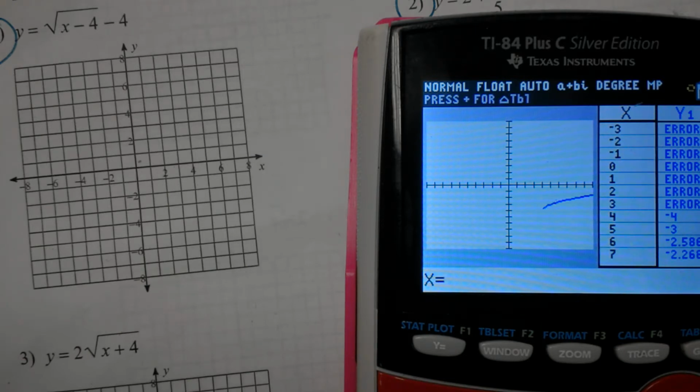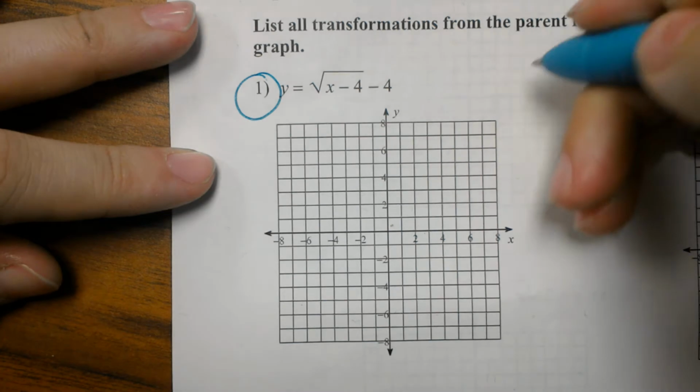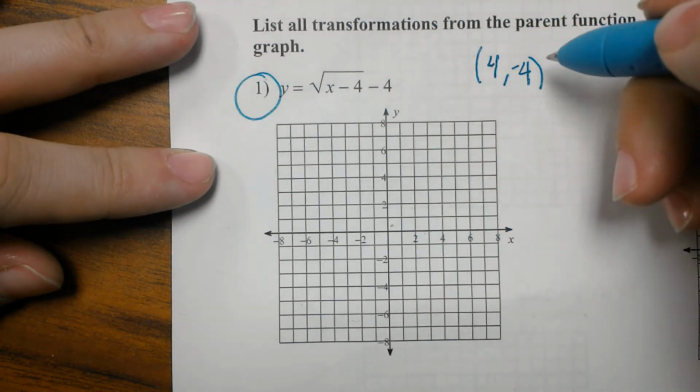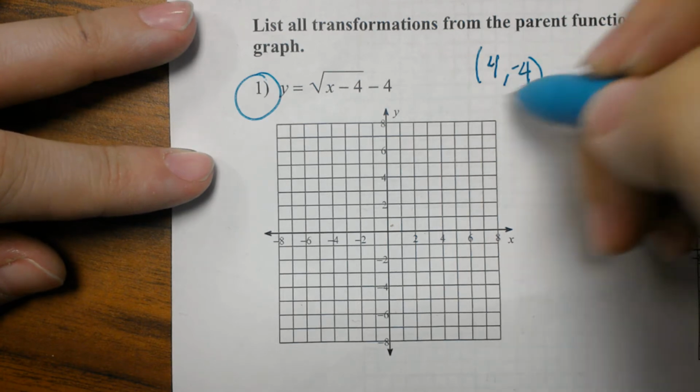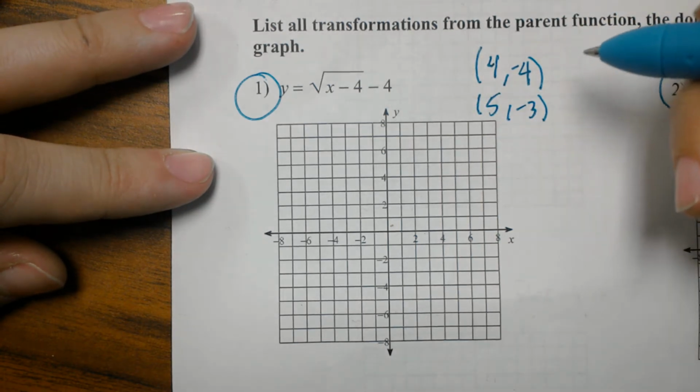So I want to find a few points on here so I can graph it. So I pick points like 4, -4, 5, -3, and 8, -2.